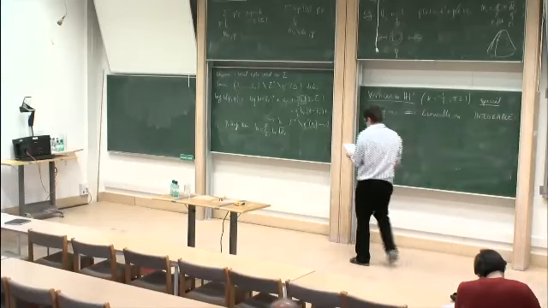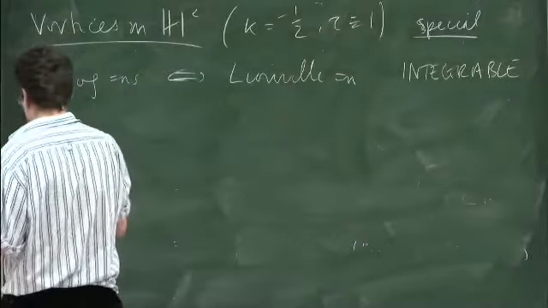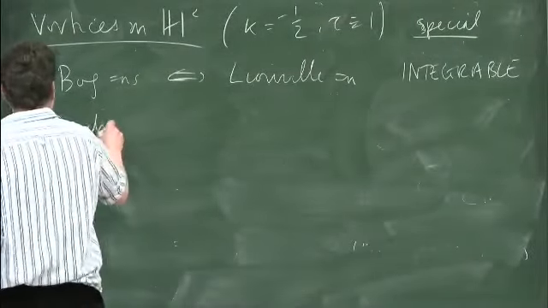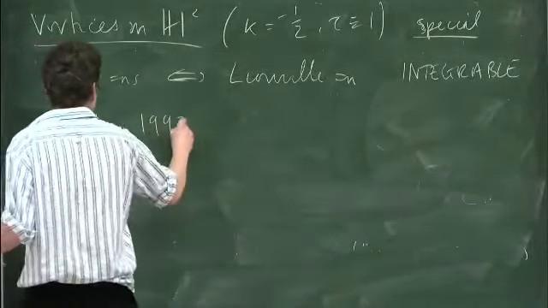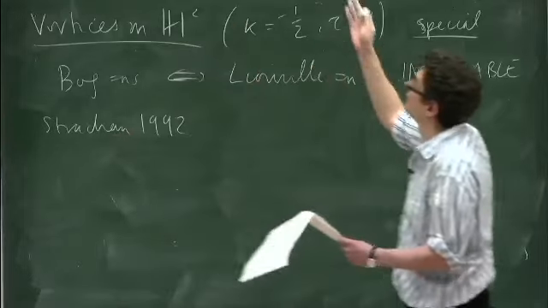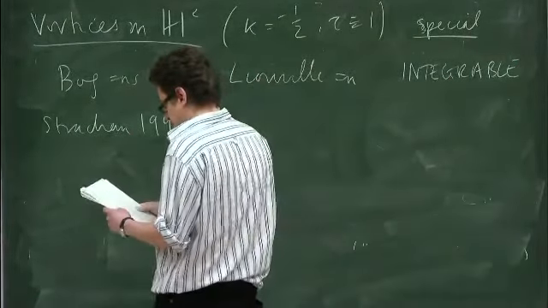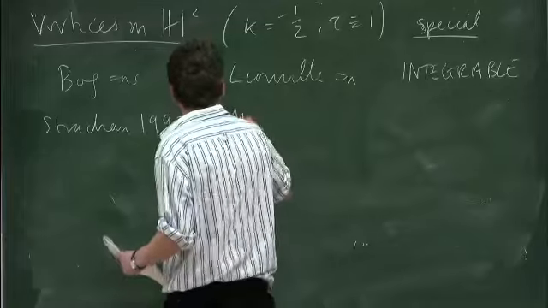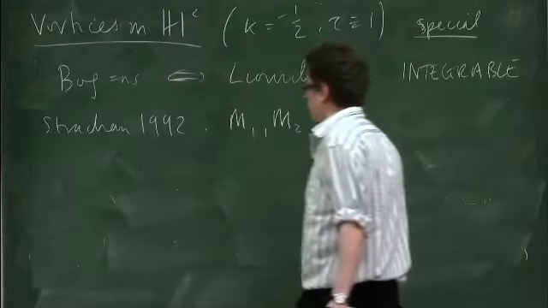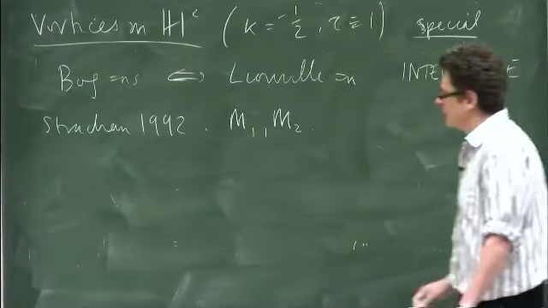And indeed, this was done by Strachan in 1992. In fact, this is precisely the context in which he first wrote down this localization formula. Okay. So he computed explicitly the metrics on M1 and M2, but you can go further actually.